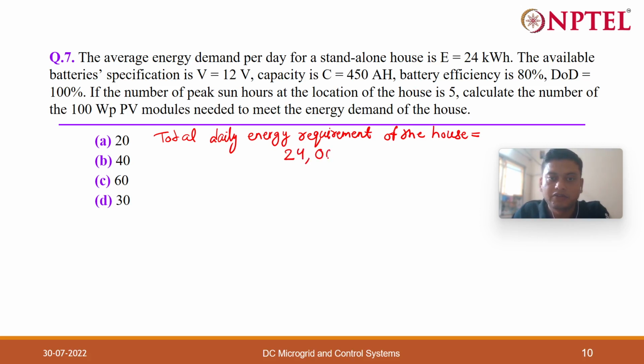You can write it as 24,000 watt hour. And now you need to calculate the daily energy produced by a PV panel.